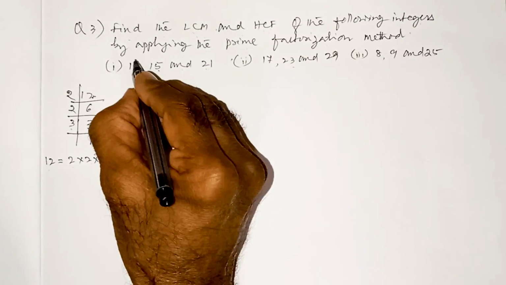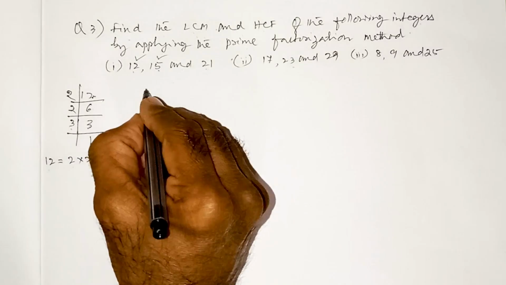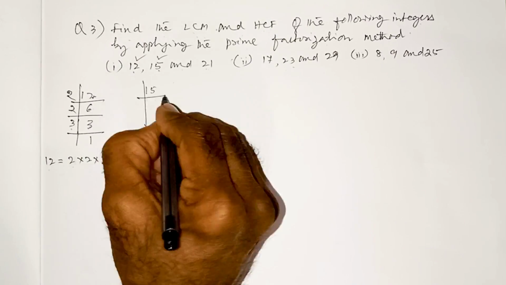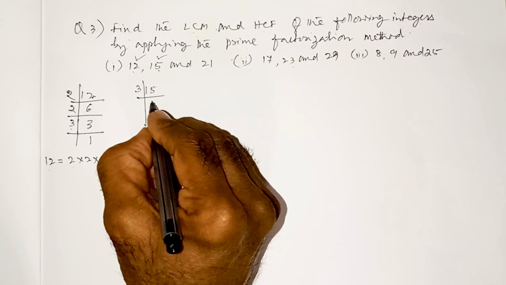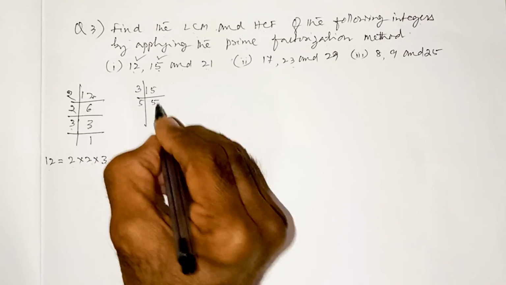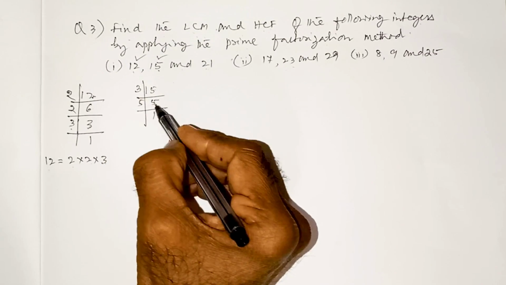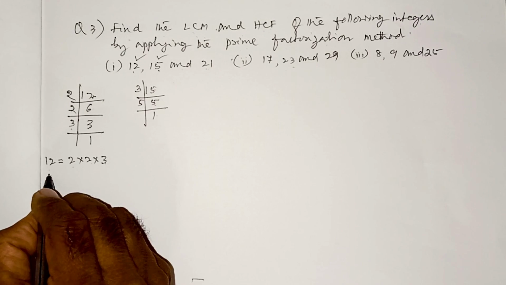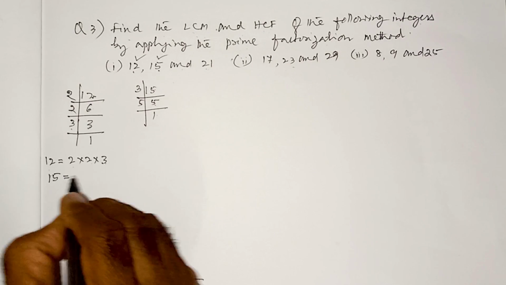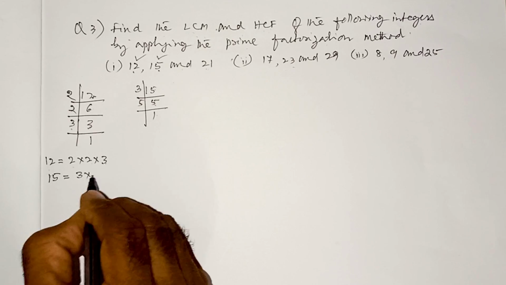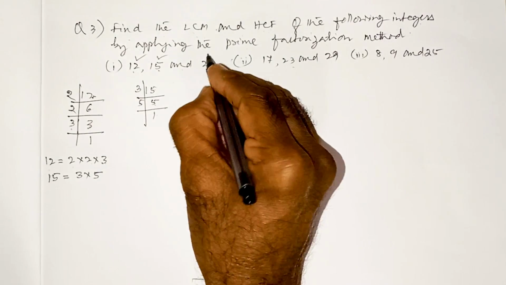Now you try with 15. For 15, you can try with 3, only once. So 3 into 5 is 15, 5 into 1 is 5. The factors of 15 are 3 into 5. Now go for 21.